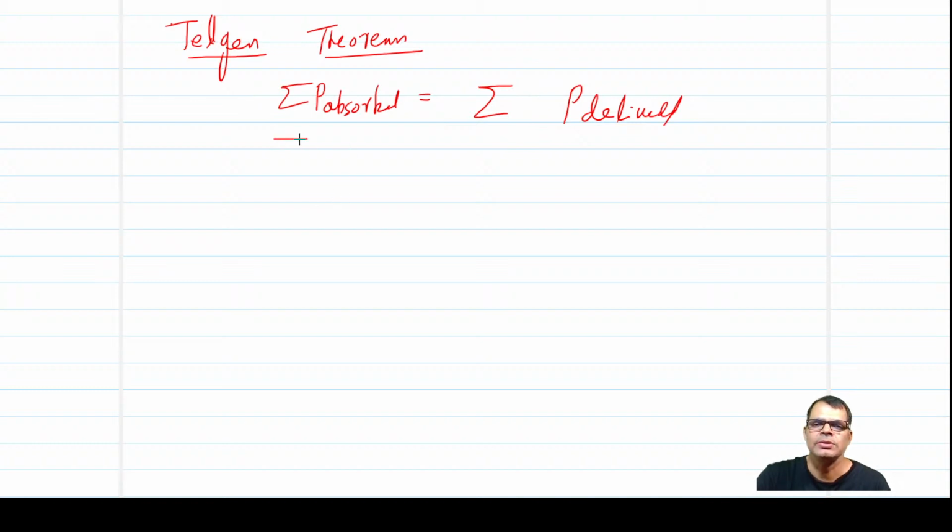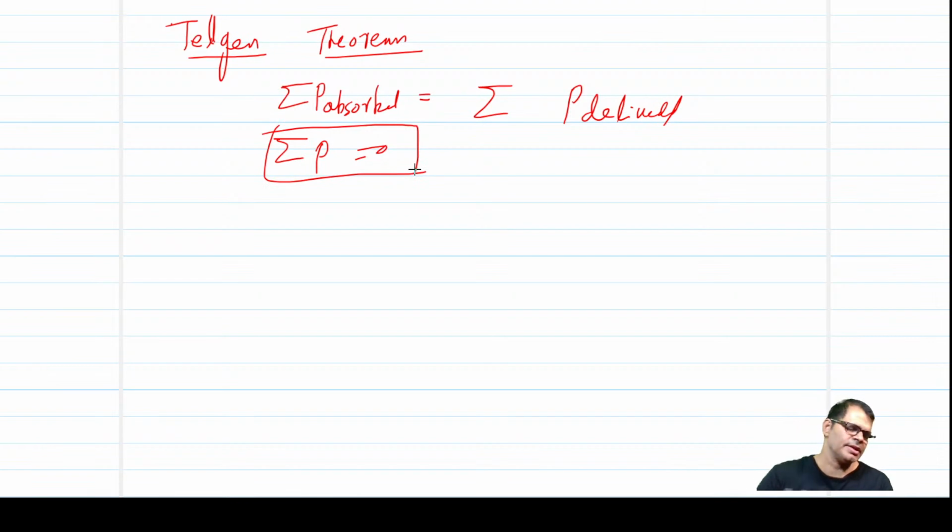Or you can say the total power in a circuit is equal to 0. Whether it is absorbed or delivered, it will be 0. It is just a conceptual thing.